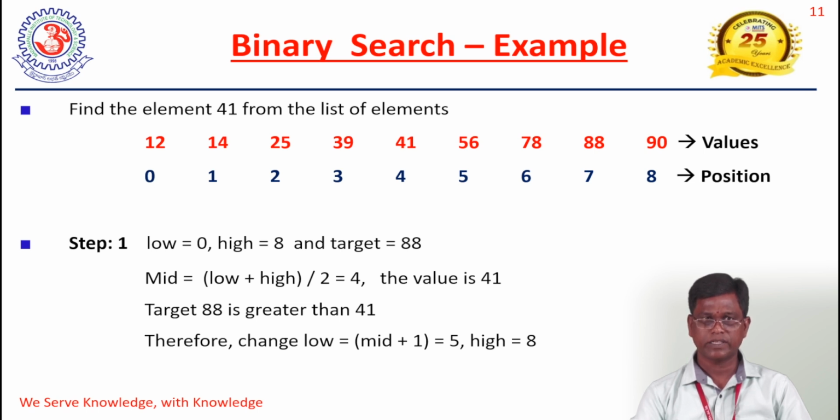The target value is 88. Now we first calculate the mid value. Mid is equal to low plus high divided by 2, that is 0 plus 8 divided by 2, which gives 4, and the value there is 41. The target that we need to search is 88, and 88 is greater than 41.